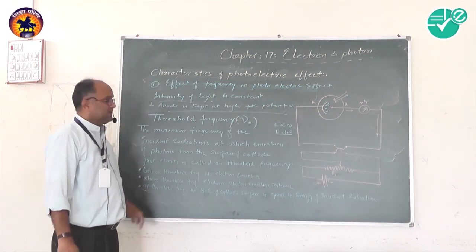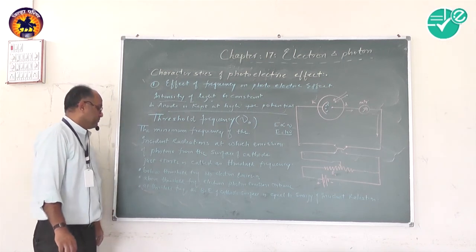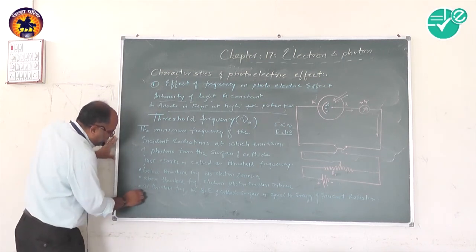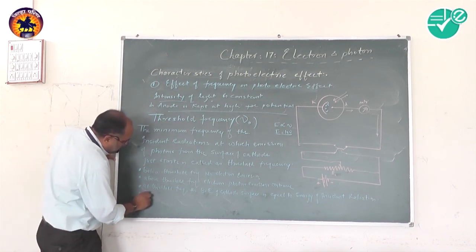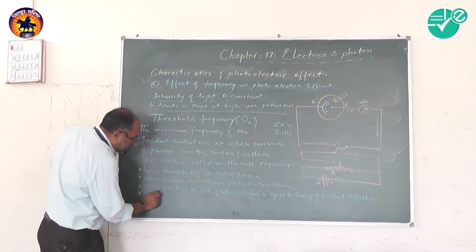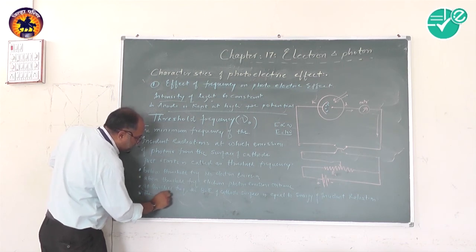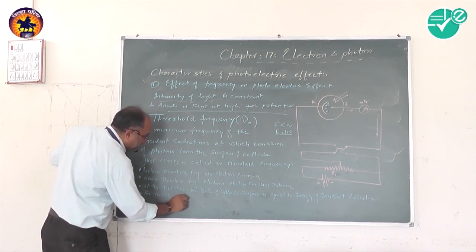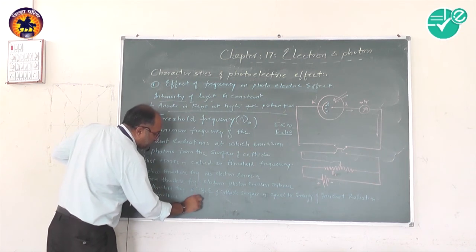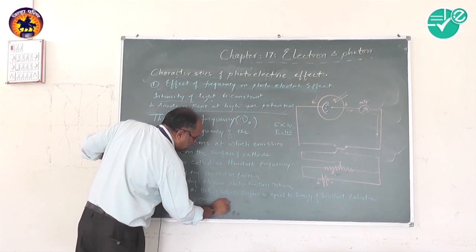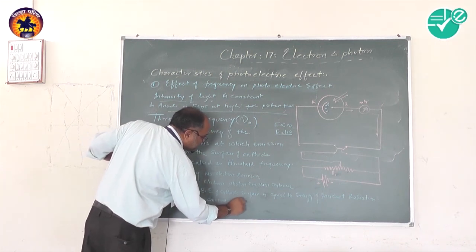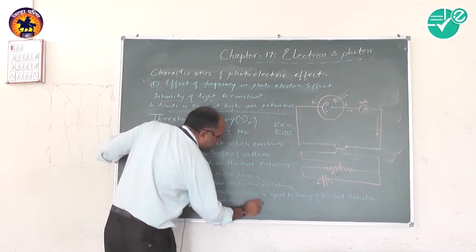Now the fourth important characteristic that we have to study is that the threshold frequency gives constant emission of photons.